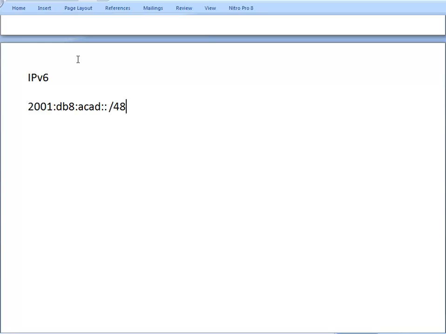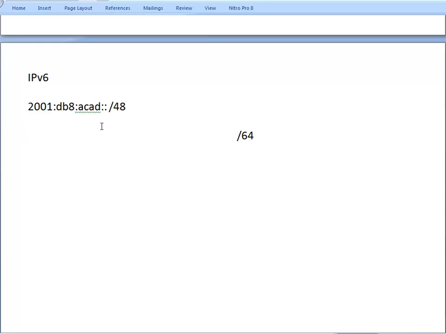This is 48, which means there are 16 bits here, another 16 bits, that's 32, another 16 bits, that's 48 bits. Now from that you can make /64. So here we have 48, and you have to make 64.